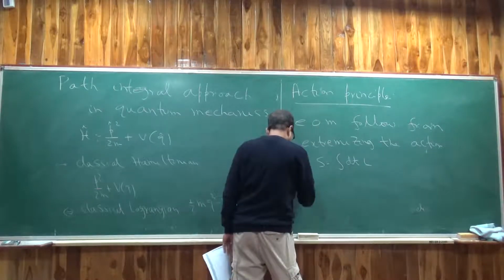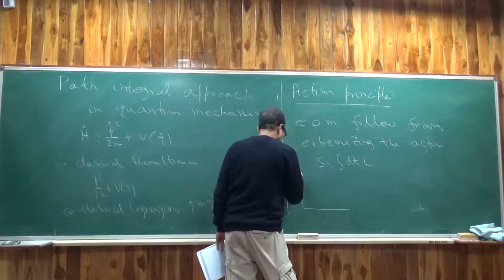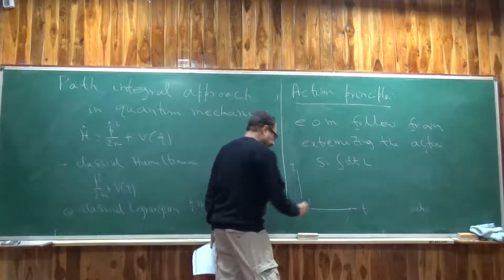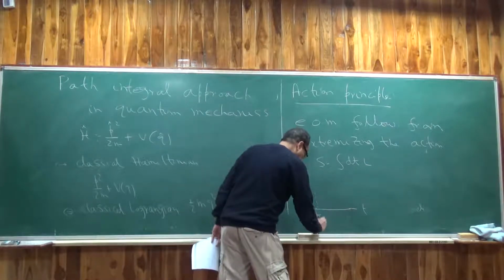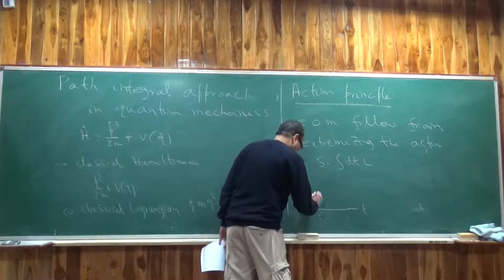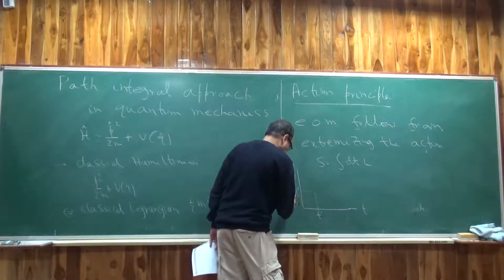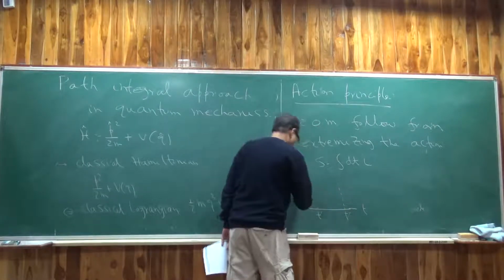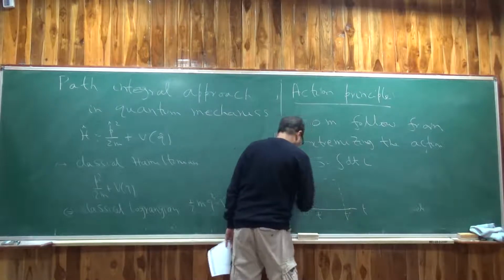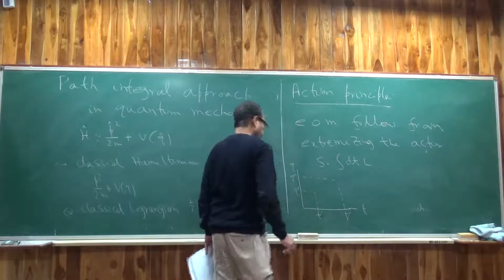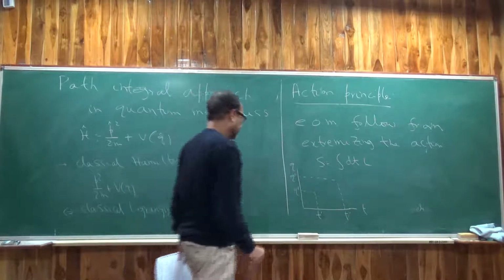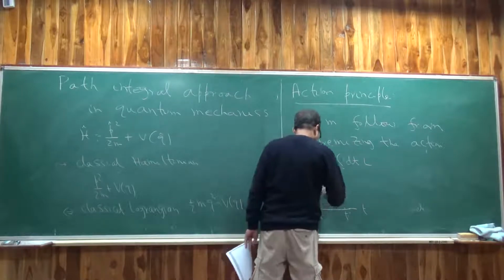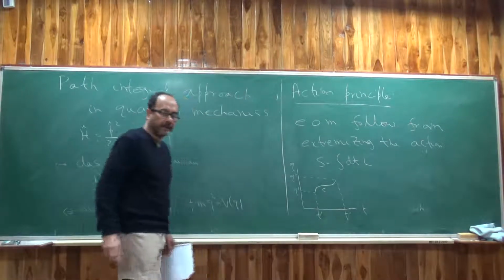And what one means by extremization is the following: imagine that we are given some initial time t prime, some initial position q prime, and some final time t double prime, and some final position q double prime. Then you draw some path connecting these two points, the initial point and the final point.